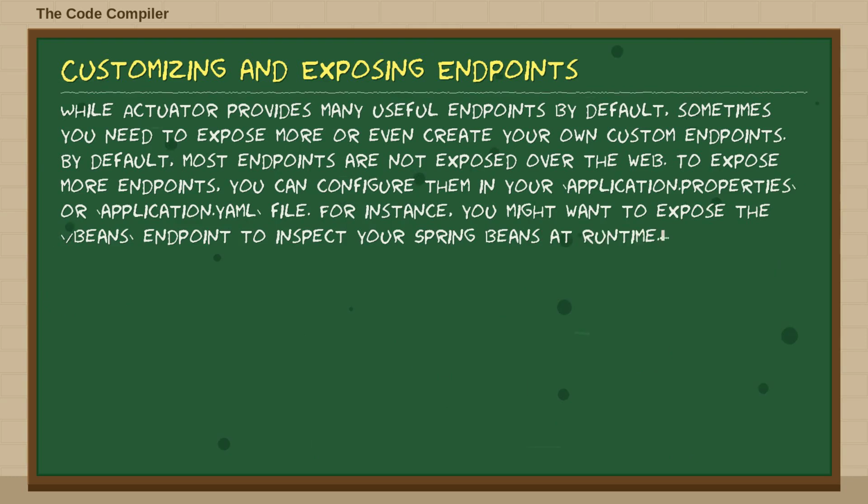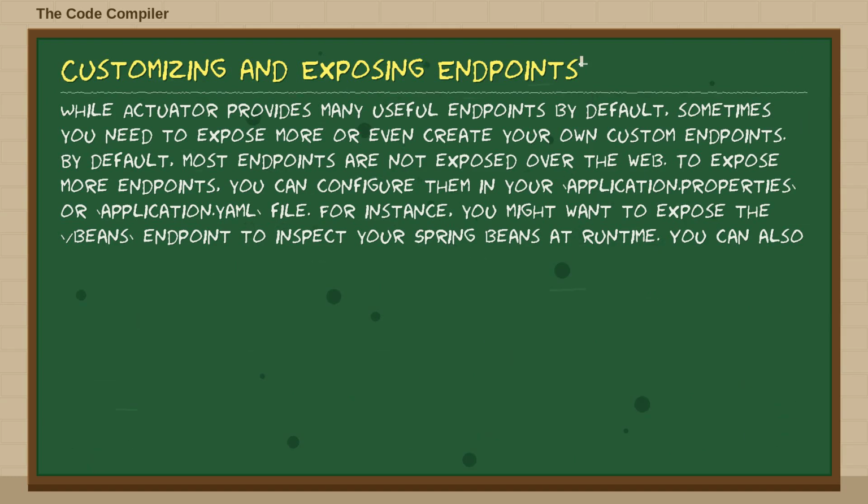For instance, you might want to expose the beans endpoint to inspect your Spring Beans at runtime. You can also add custom information to the info endpoint, which is very handy for displaying build version, application name, or any other relevant details.